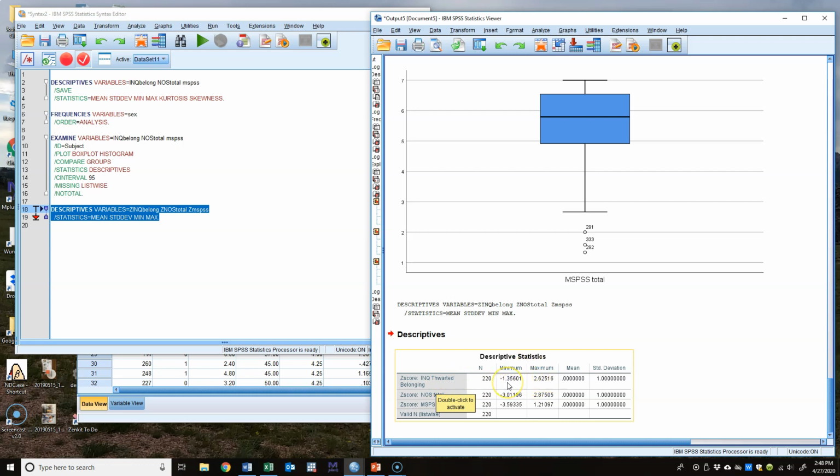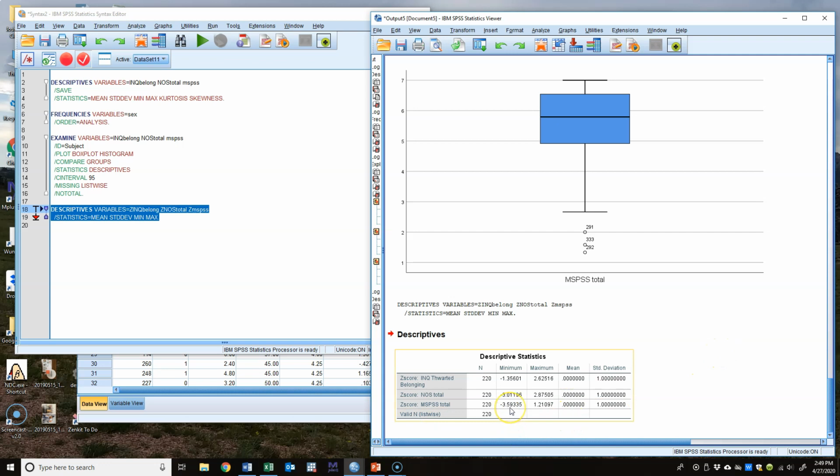We got a low case, a little under a standard deviation and a half below the mean, about 2.6 standard deviations above. That's not too bad. NOS, we've got some low scores just falling a little over 3 standard deviations below, 2.9 standard deviations above. But again, that's not terrible given that we're working with a pretty large sample.